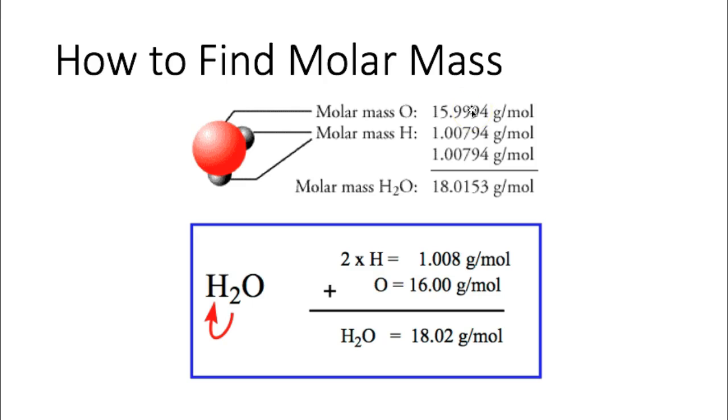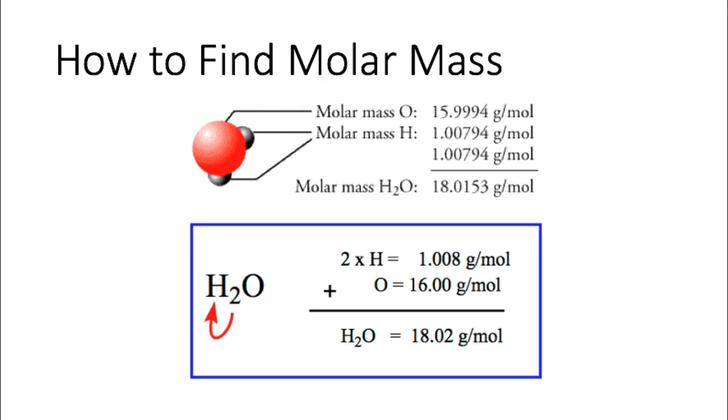An atom of oxygen has a mass of 15.9994 grams per mole. On the periodic table, hydrogen has a mass of 1.00794, and then we add the mass of the second hydrogen, another 1.00794. The sum of those 3 numbers is 18.0153.